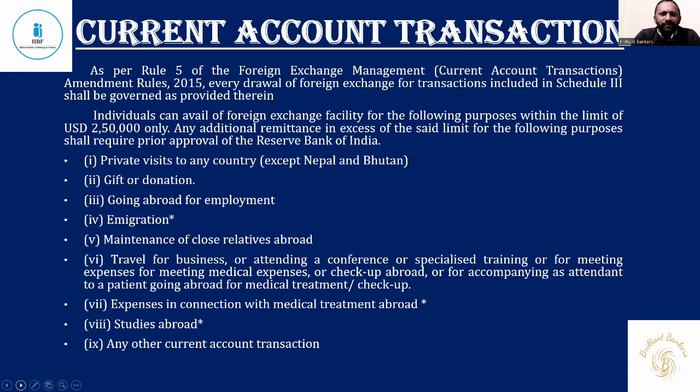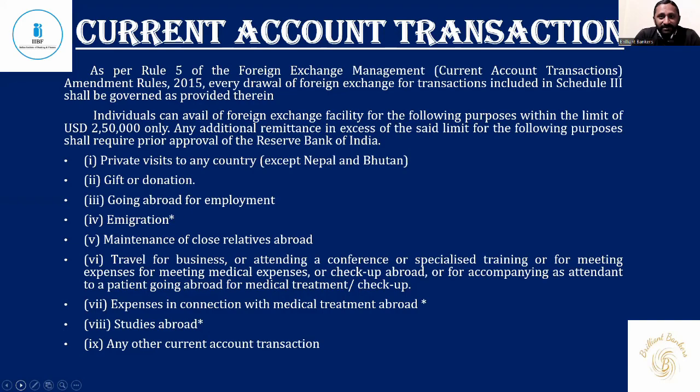You can give as a gift or a donation a maximum amount of $250,000. If you're going abroad for employment, you can carry this same amount. I'm leaving that, immigration. Maintenance of close relatives abroad. Yes, you do pay for them. For example, two brothers have their mother abroad, and one brother is staying in India.